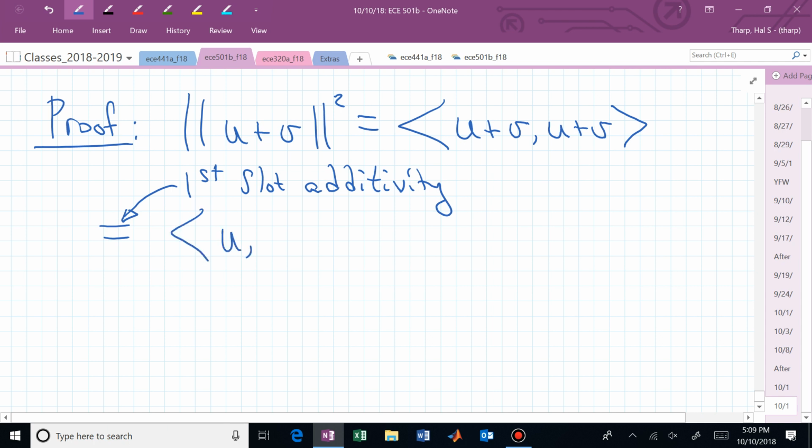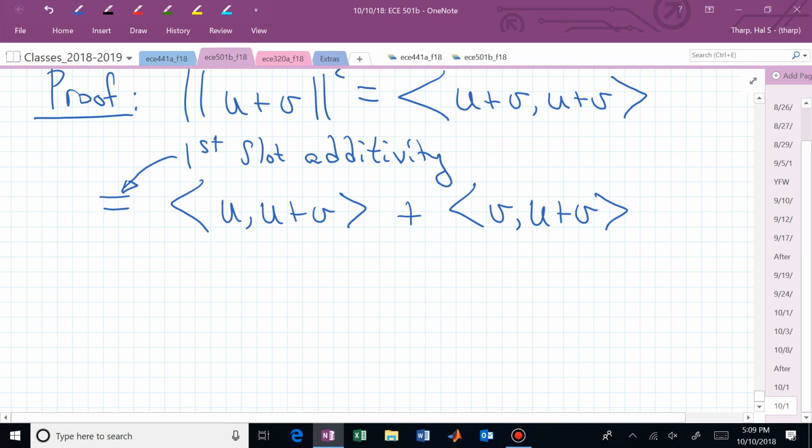I have the inner product of u with u plus v plus the inner product of v with u plus v. And now I can work with what? The additivity of the second slot. I know that's true. So now I can use the additivity of the second slot to produce the inner product of u with u and the inner product of u with v. That's the additivity of the second slot.